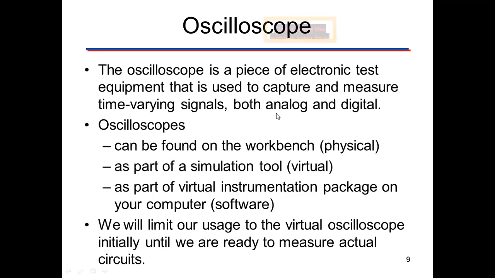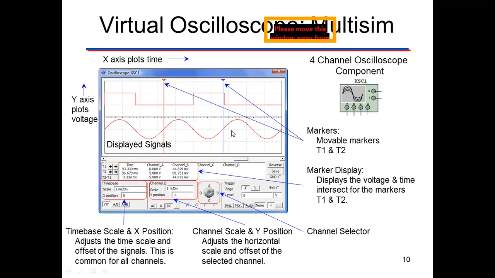The oscilloscope, well, you know what, I'm just going to save the O-scope for later. Mr. Pry does have one that I can go get and show you what an O-scope is. We use a virtual version of the O-scope. So when you see the virtual version, it's going to look like this. The virtual dial is down here.